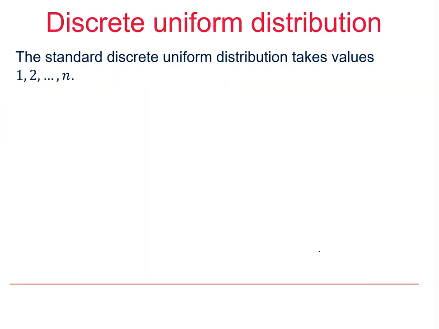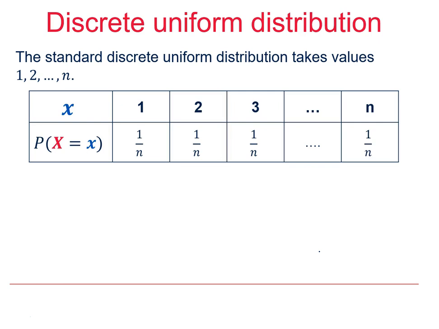So any standard discrete uniform distribution will take the discrete integer values 1, 2, 3 up to a particular maximum n. And that can be summarized as in this table here, and because n is the highest value that we can possibly get, that means we have n distinct discrete outcomes, and therefore the probability of each outcome is equal to 1/n.